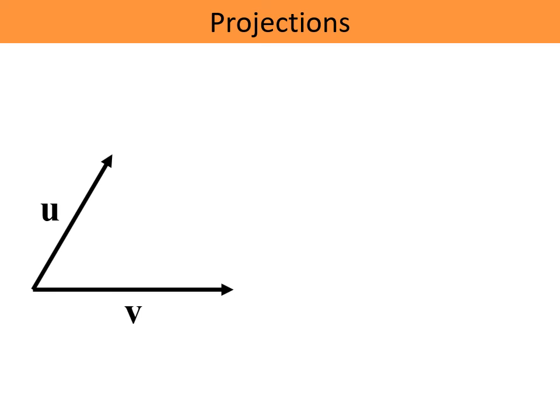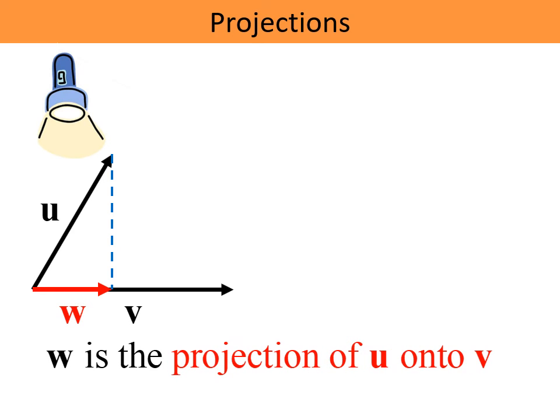If we take these 2 vectors and shine a light so that it's perpendicular to the vector v, then the shadow that the vector u makes on the vector v is called the projection of u onto v. It even works if we shine the light and vector v is going in the opposite direction.